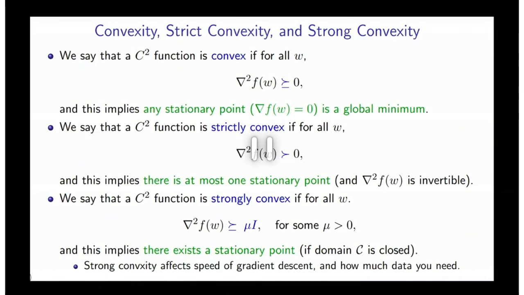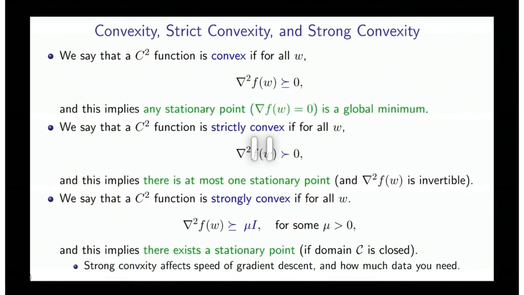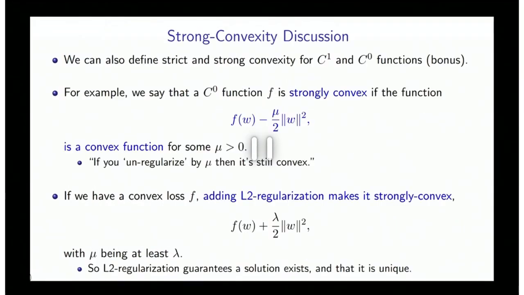I also walked you through the second differentiable class that we call C1, where the function is continuous and the derivative exists to order one. I think I walked you through how you can use that to investigate convexity as well.